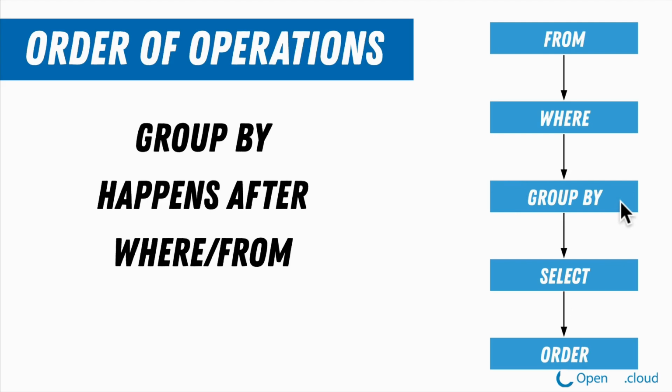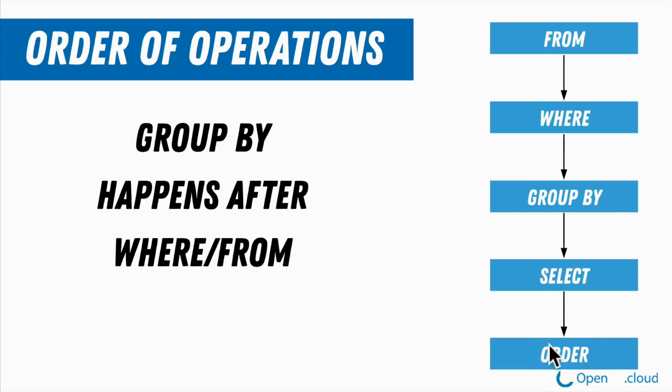What just happened here? Well, group by happens after the where clause and the from clause. So if you have a where clause, the group by has to come after it. If you don't have a where clause, it has to come after the from clause. And then if we look at what happens after you do the groups, that's when we do our select. And that's when we do our ordering.